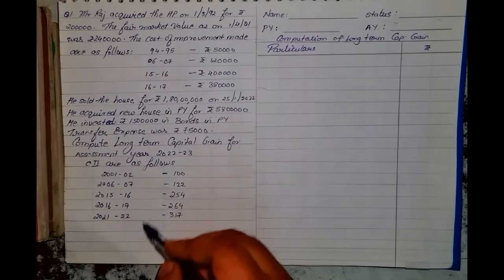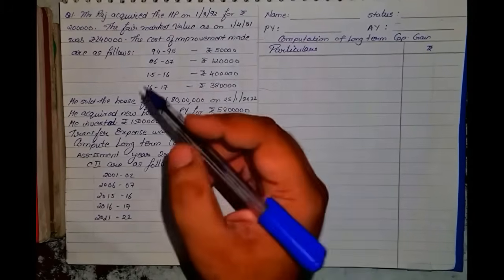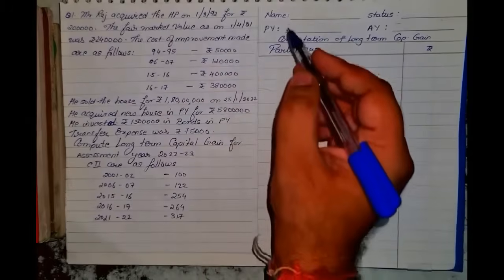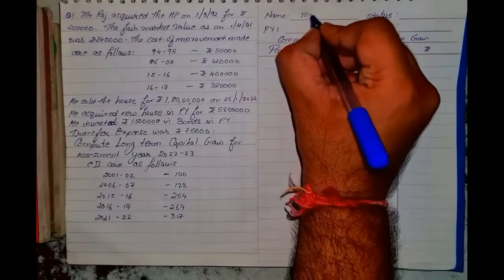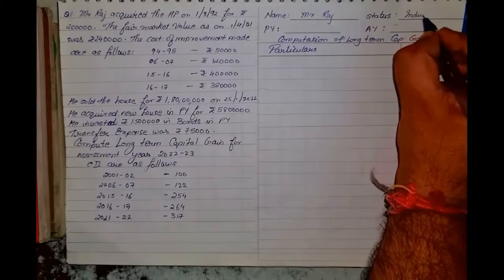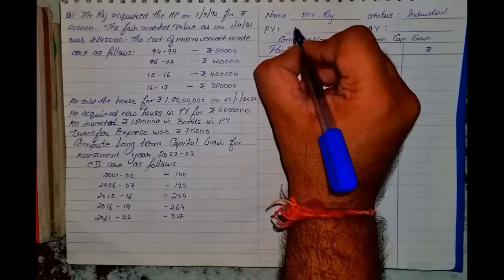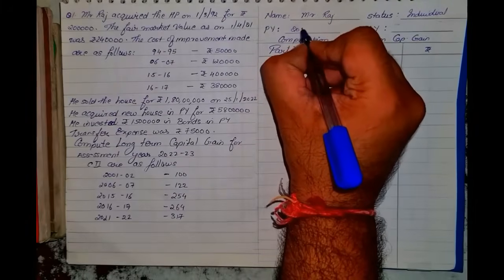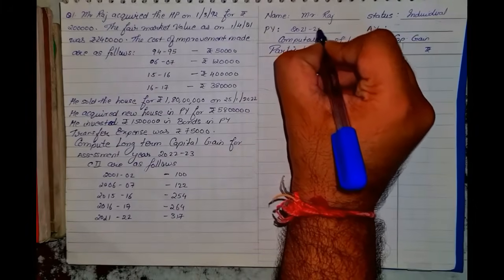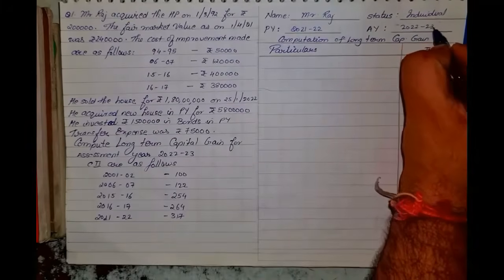The CII are given for various years. That's nothing but the cost inflation index. Now let us see how to solve this particular question. Okay, first the name. We'll note the name as Mr. Raj. His status is an individual. The previous year will always be 2021-22 and the assessment year will always be 22-23.